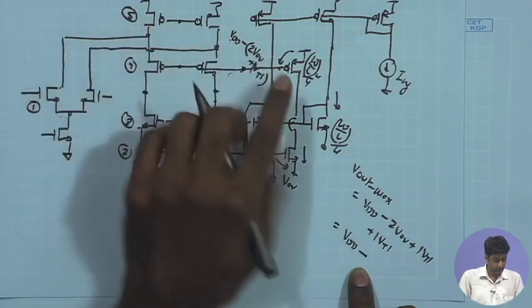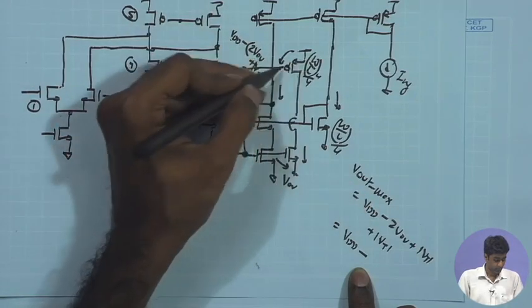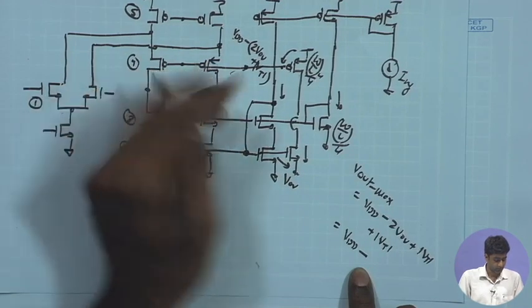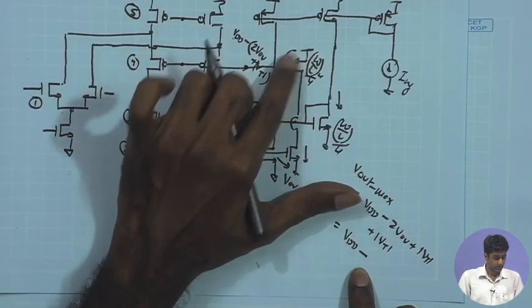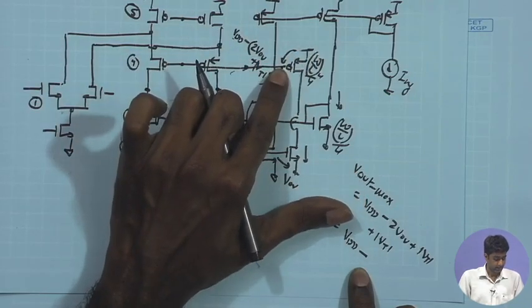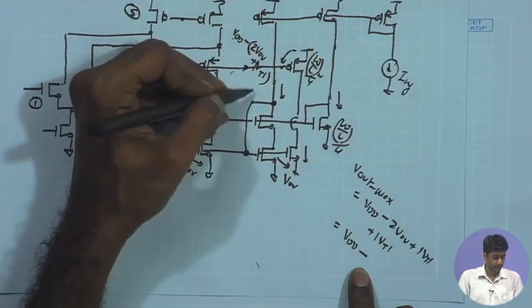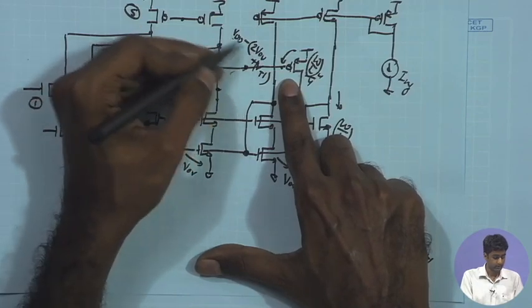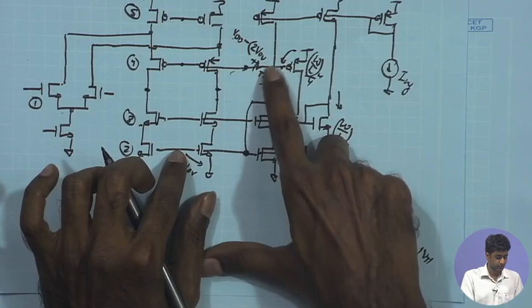So, you have VDD minus, so you have the overdrive voltage of this, which is twice as compared to the overdrive voltage of this one, and as a result, you are having the Vg, which is VDD minus VSG. So, VSG is basically the V overdrive of this MOSFET, which is twice, plus mod Vt of this MOSFET. As a result, you have the Vg, which is VDD minus 2 V overdrive plus mod Vt.